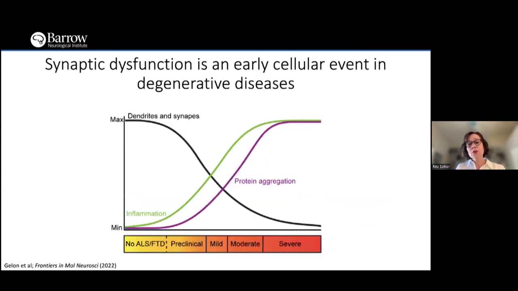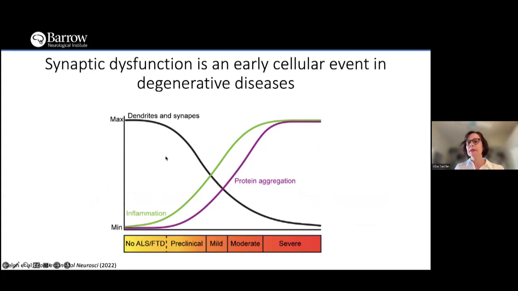And no surprise that we've noticed, not just in ALS and FTD, but really also in other neurodegenerative diseases, such as Alzheimer's disease, that there is an incredibly significant loss of dendrites and synapses early on in the disease, really still in the preclinical phase, while there is a start of inflammation and protein aggregation.